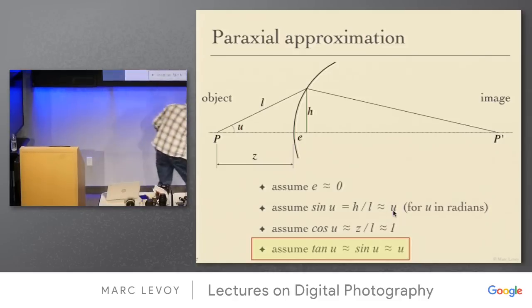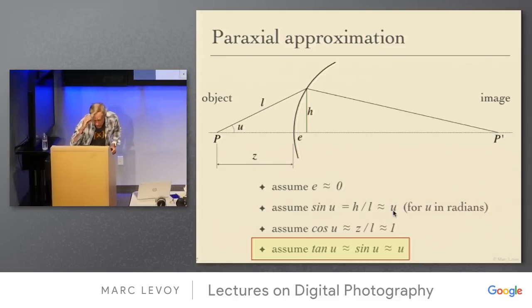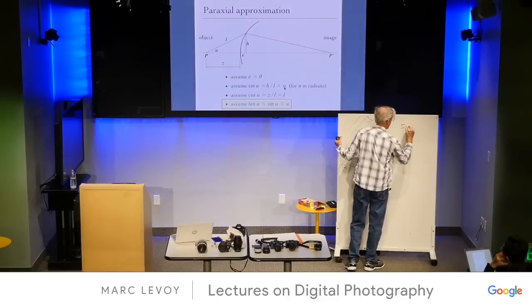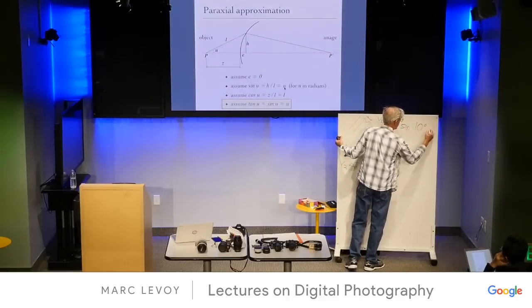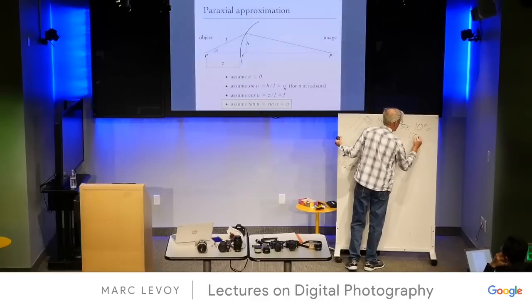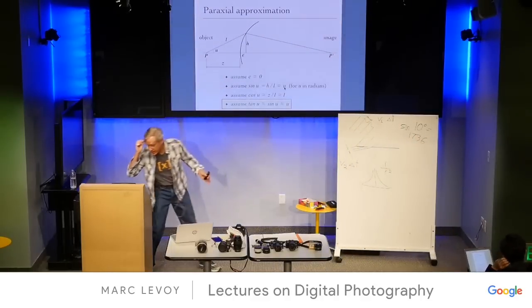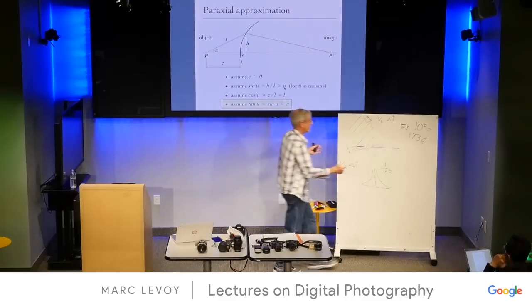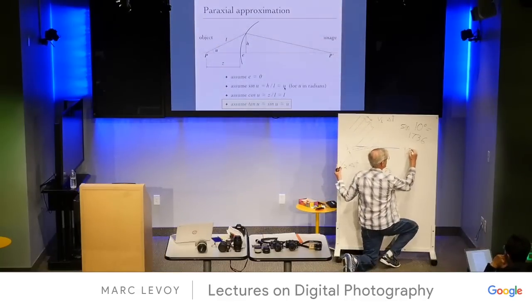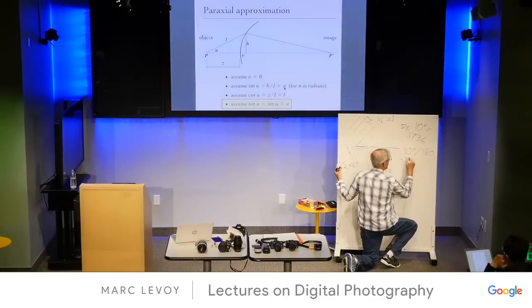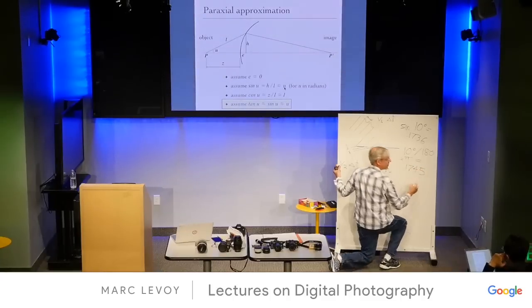As an example, the sine of 10 degrees equals 0.1736. 10 degrees in radians, which would be 10 degrees over 180 times pi, equals 0.1745.